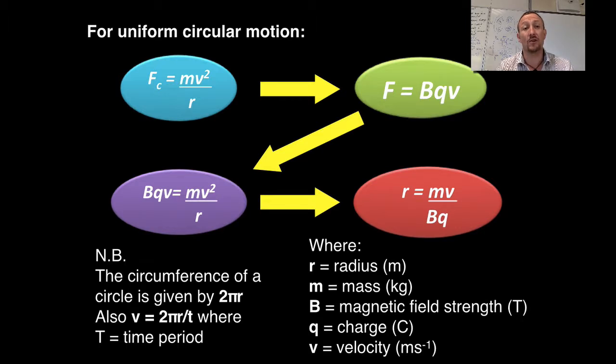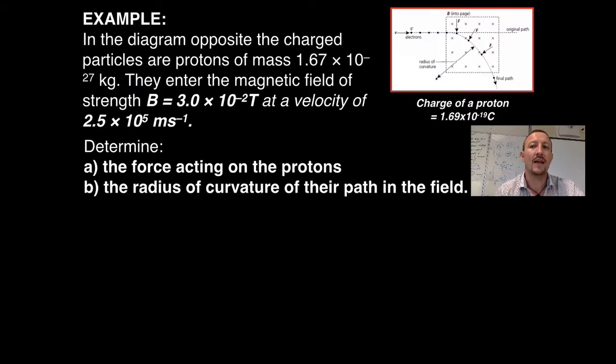So let's have a look at a quick question here. Now here we've got a diagram where you can see we've got a proton, which is moving into a magnetic field, and the result is that as it moves in, it doesn't produce a full circle, but basically it's being diverted into its final path.